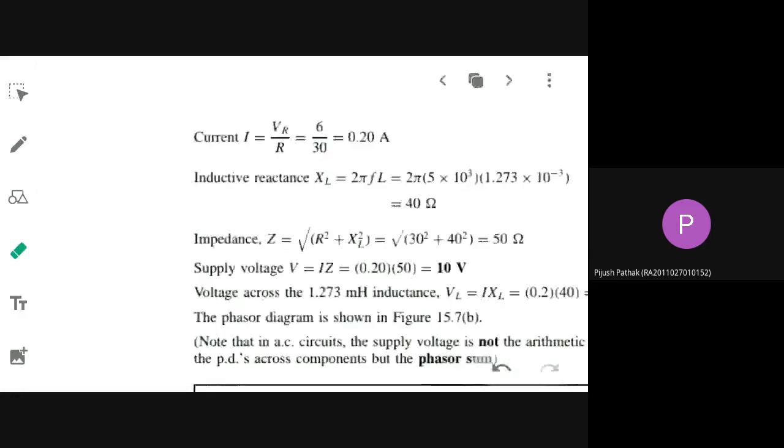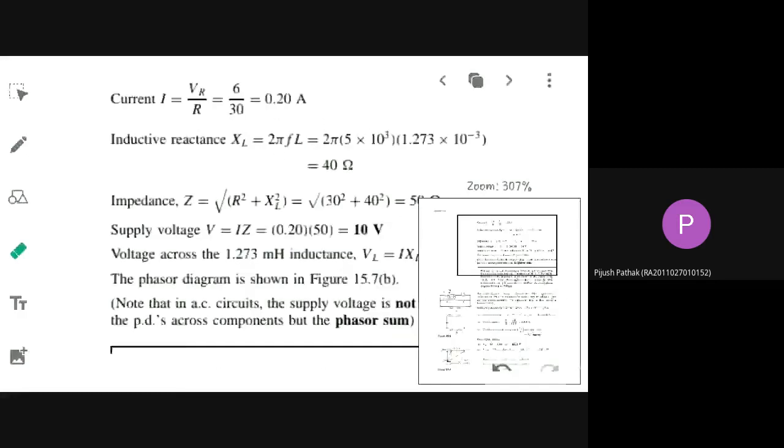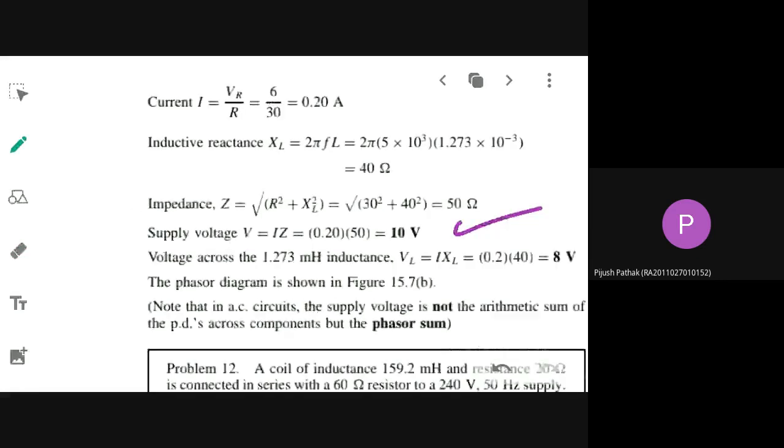You're saying okay, 10 volt is correct. Yes, ma'am, it is 8 volt for the second one.